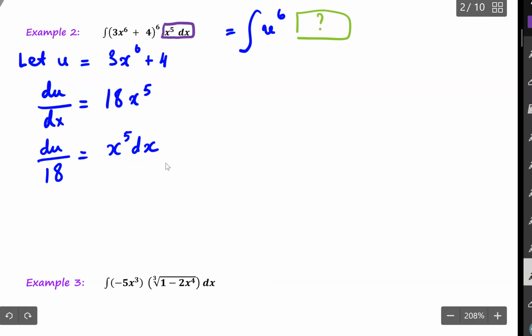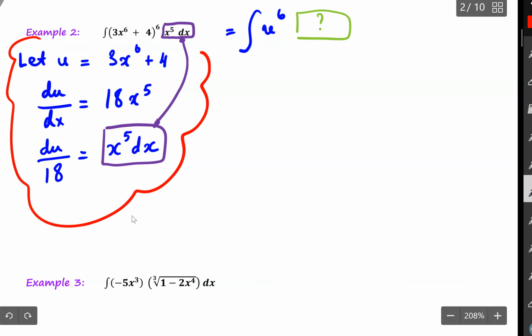And then I check this side is exactly equal to what I want to achieve. Then instead of writing x to the exponent 5 dx in here, I will write it in terms of du. But the du now becomes du divided by 18. Alright, so this is done. So I am going to write in here du divided by 18. So I multiply by du divided by 18.